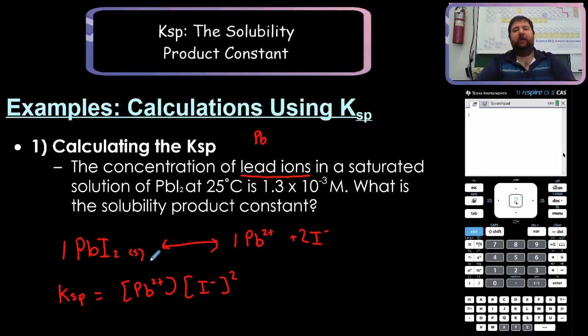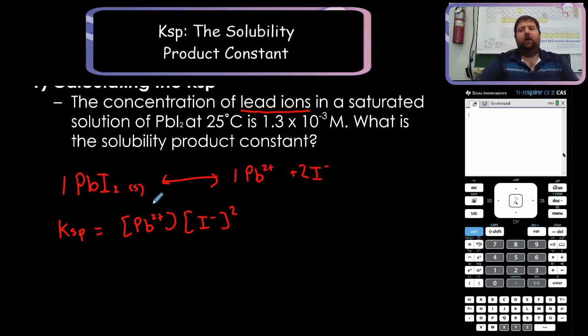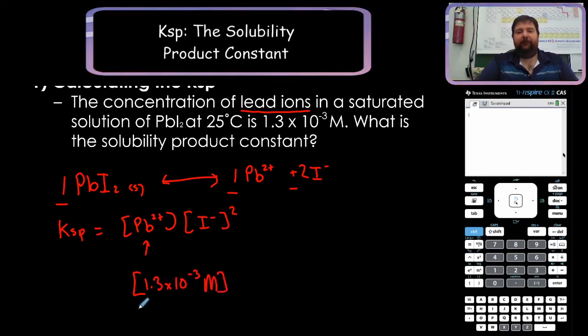So this actually is going to be simpler than you think. We need to know these values. We need to know the leading coefficients for this. So I know that the concentration of my lead ions, which is this one right here, is 1.3 times 10 to the negative 3. So I know this one is 1.3 times 10 to the minus 3 molarity. Do I know the concentration of iodine?